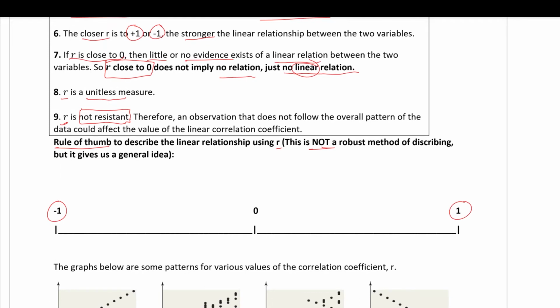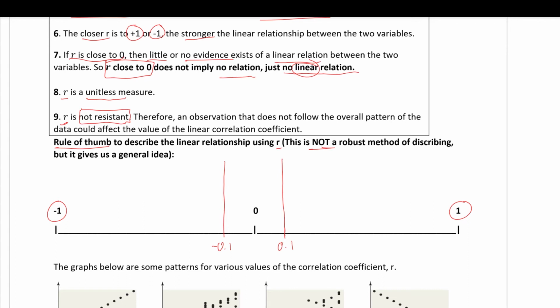I'm going to break this up into essentially 7 regions. I'm going to call something like this -0.1, and this will be +0.1, that center region.